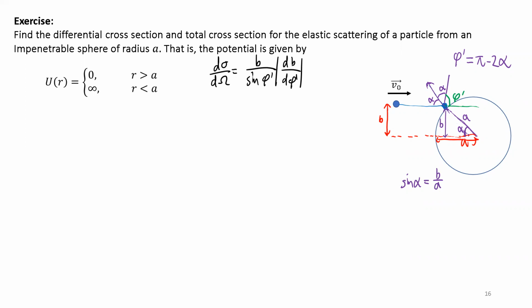And using the earlier relation, you also conclude that sine alpha is just cosine of phi prime divided by 2.